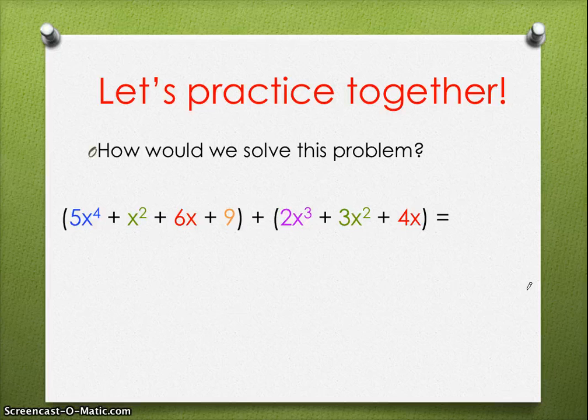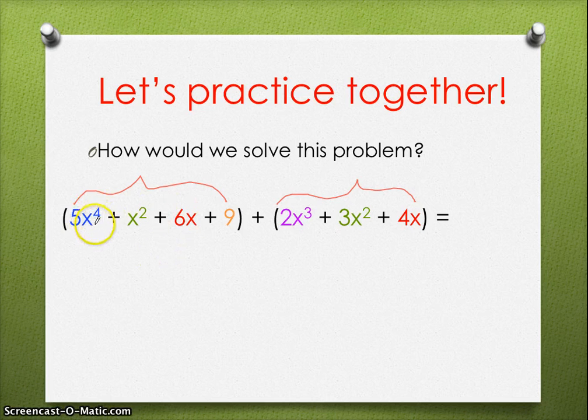Practice together. Notice how I have two polynomials. Here's my first polynomial. I'm combining it with my second polynomial. Now we would set up it the same way that we would the other problem that I just demonstrated.